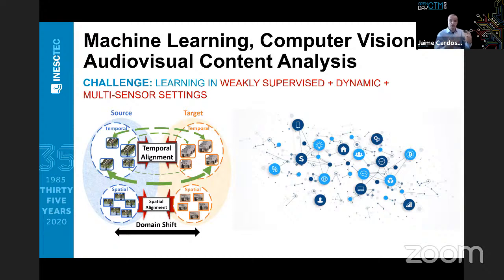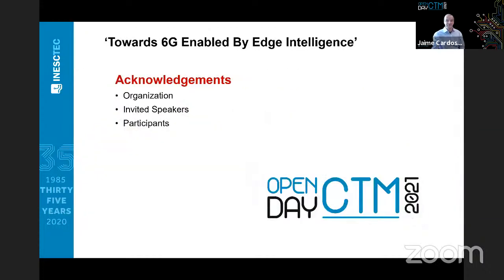And we also work on this model adaptation, domain adaptation, data integration from these different sensors. And this is also central in CTM. And I would say that this brings us back again to the topic of our Open Day today.